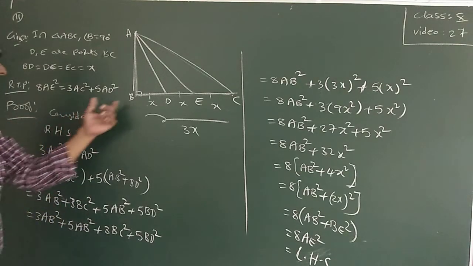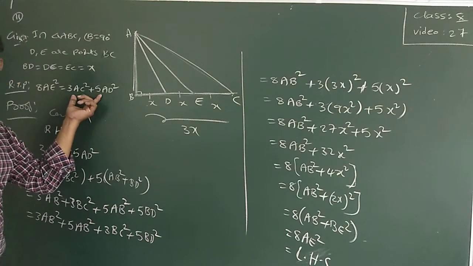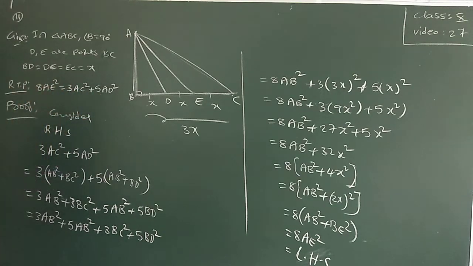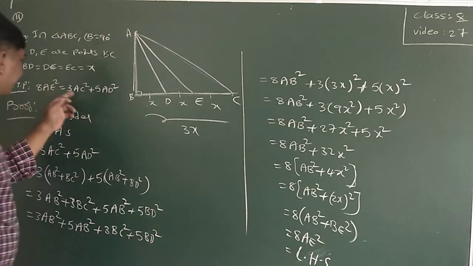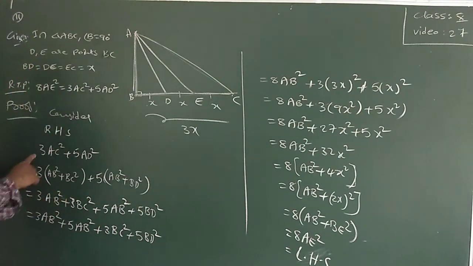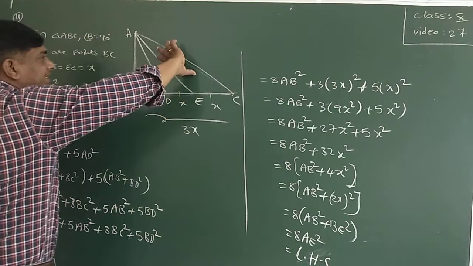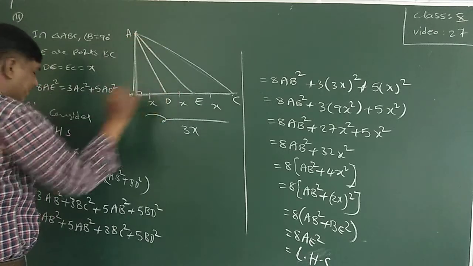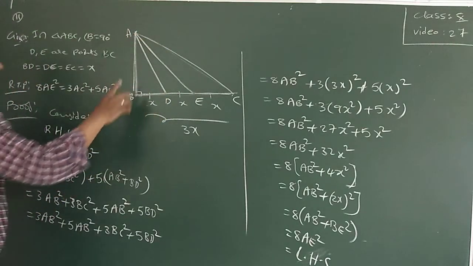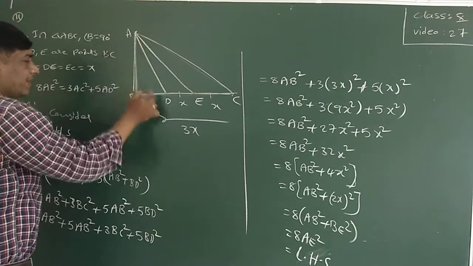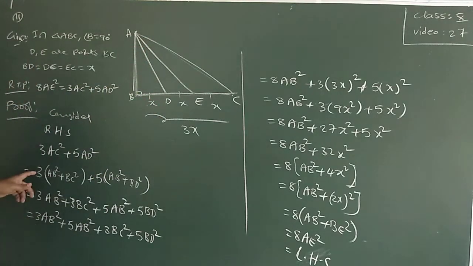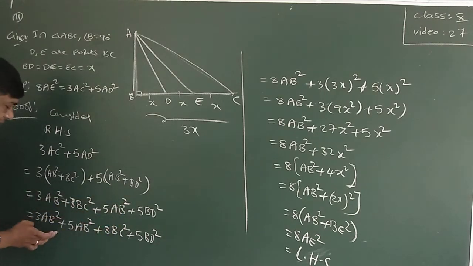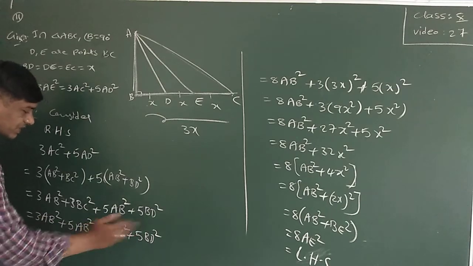So consider RHS, because RHS has more information than the LHS. 3 AC square plus 5 AD square. AC square means AB square plus BC square, and AD square means AB square plus BD square. Now 3 AB square plus 3 BC square plus 5 AB square plus 5 BD square. 3 AB square and 5 AB square together, and 3 BC square and 5 BD square together.